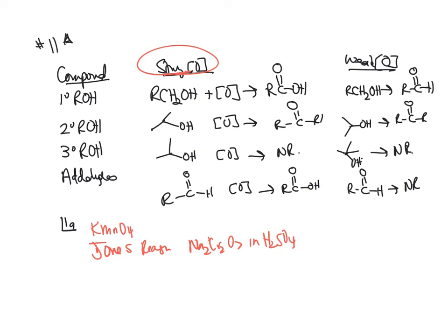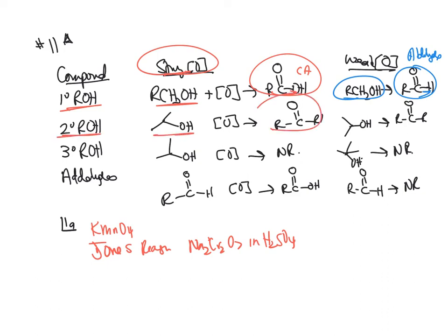It will convert primary alcohols into carboxylic acids. Weak oxidizing reagents will convert primary alcohols into aldehydes. That's an aldehyde because of the hydrogen. Strong oxidizing reagents will convert secondary alcohols into ketones.